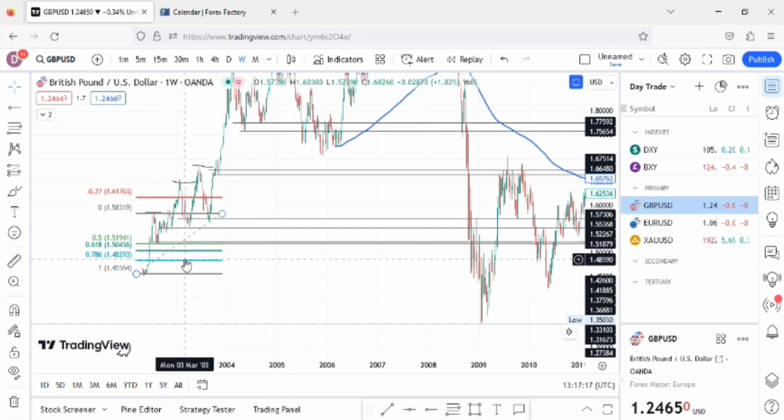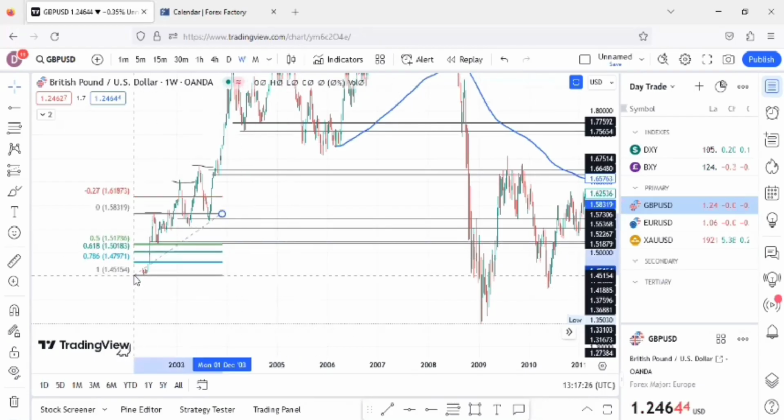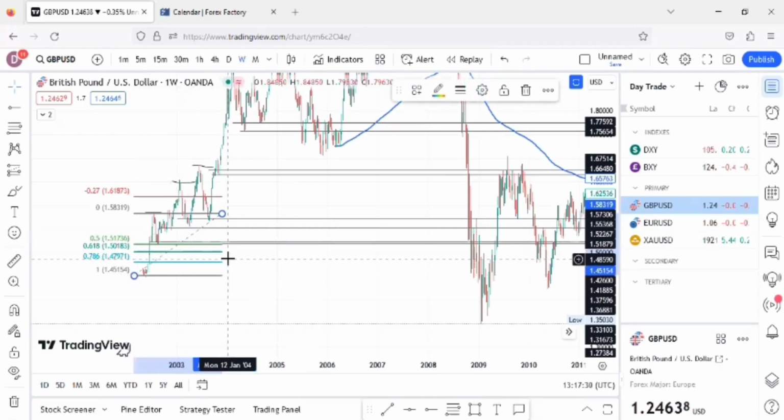This is 78.6, this is 61.8, and this is 50% or 0.5. So when you draw your levels from high to low, if that level is going to work, it's going to align with either of these Fib levels.